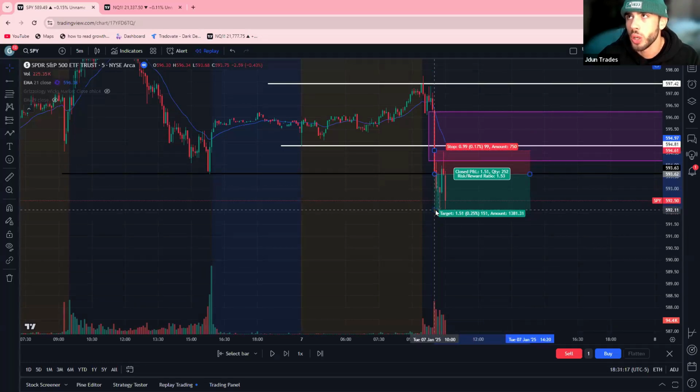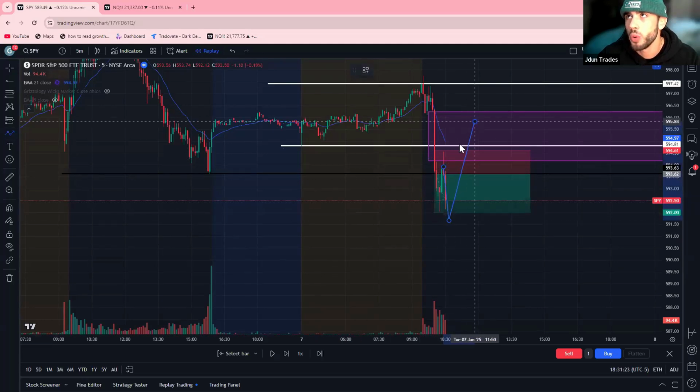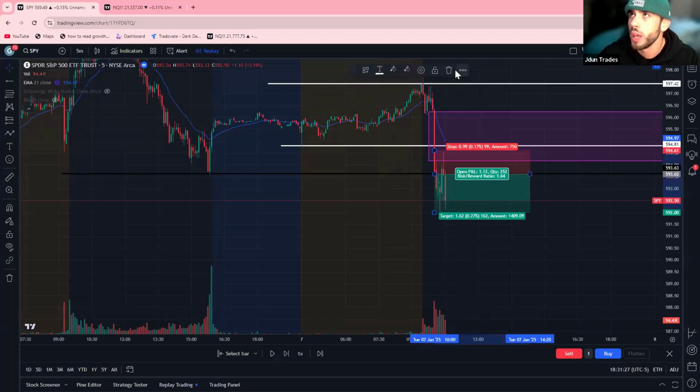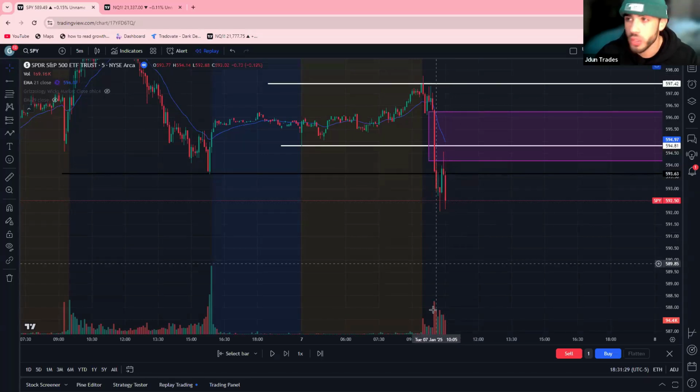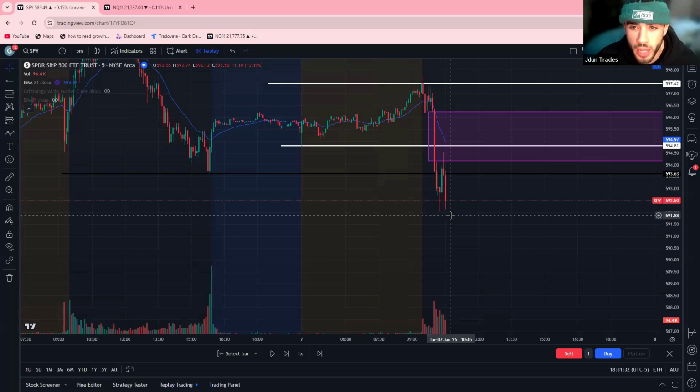Sometimes price will come down, give you that low of day, and then make that move higher, right? So typically what I'm looking for is a scalp out of this, and you can catch more. Obviously, the price can keep moving, but this is typically what you see out of it.